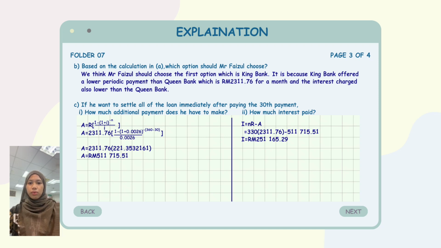First of all, we will list the information that was given and write the formula, which is A equals R, 1 minus bracket 1 plus I, the power of negative n over I. After that, we will substitute the information that was given and just solve it. The second question is how much interest is paid. So the formula that we will use is I equals N R minus A.